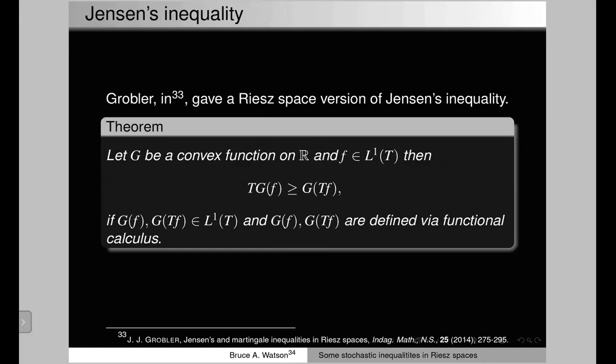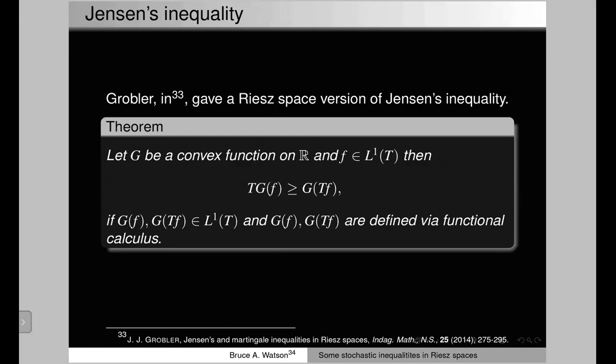Koos-Krobler gave the following version of Jensen's inequality, and that is that the conditional expectation operator of G applied to F is greater than or equal to G applied to the conditional expectation operator of F. Needs a little bit of unpacking. F is an element of our L1T space.